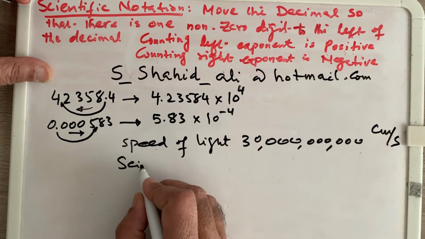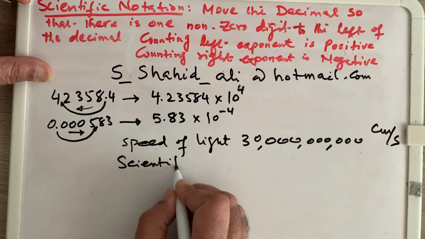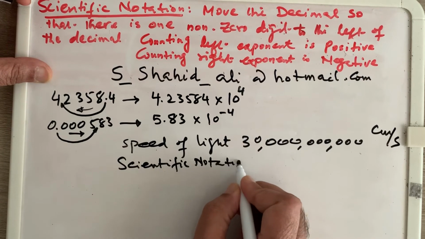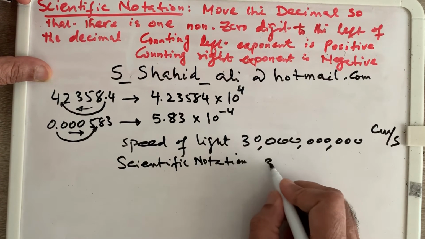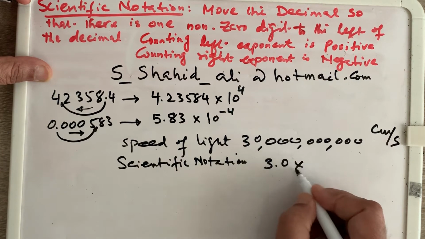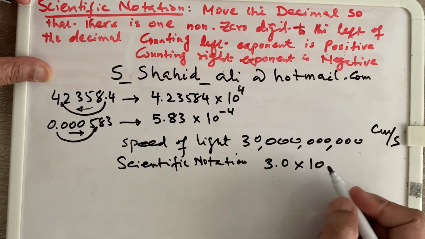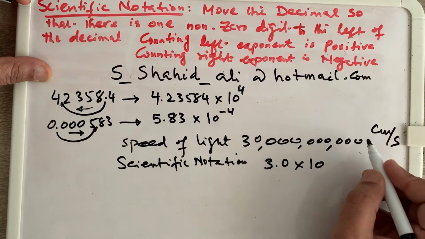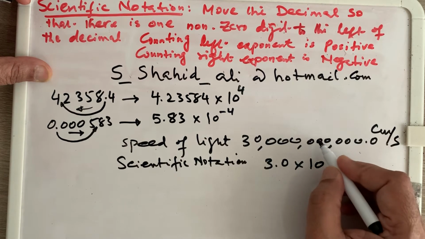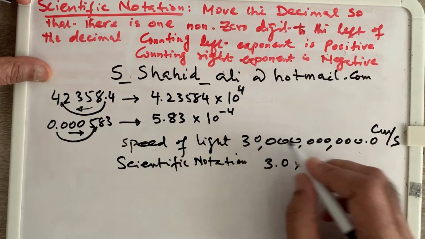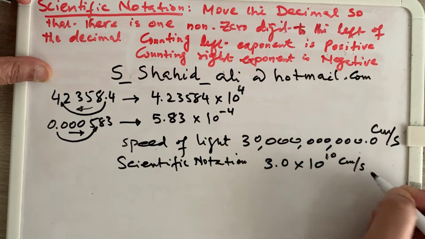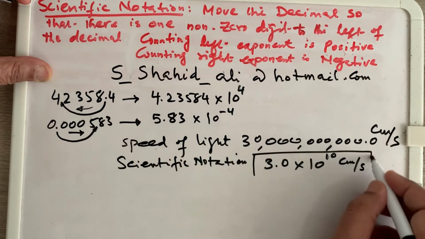Scientific notation rules apply here. Again the same. The scientific notation of this big number will be 3. We have to keep 3, right? So 3.0, or you can write only 3. It doesn't make any difference. Now I have to count how many digits I move my decimal. Suppose my decimal is here. So I count 1, 2, 3, 4, 5, 6, 7, 8, 9, 10. So 3 times 10 to the power 10 centimeters per second is the speed of light in scientific notation.